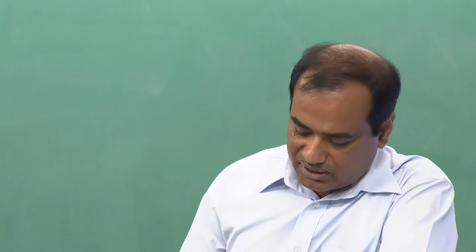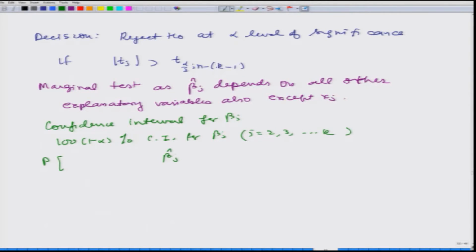So, I can say here that beta hat j minus beta j upon the standard error, that is square root of sigma square hat Cjj, lies between minus t alpha by 2, n minus k minus 1 and t alpha by 2, n minus k minus 1, and this probability is going to be 1 minus alpha.